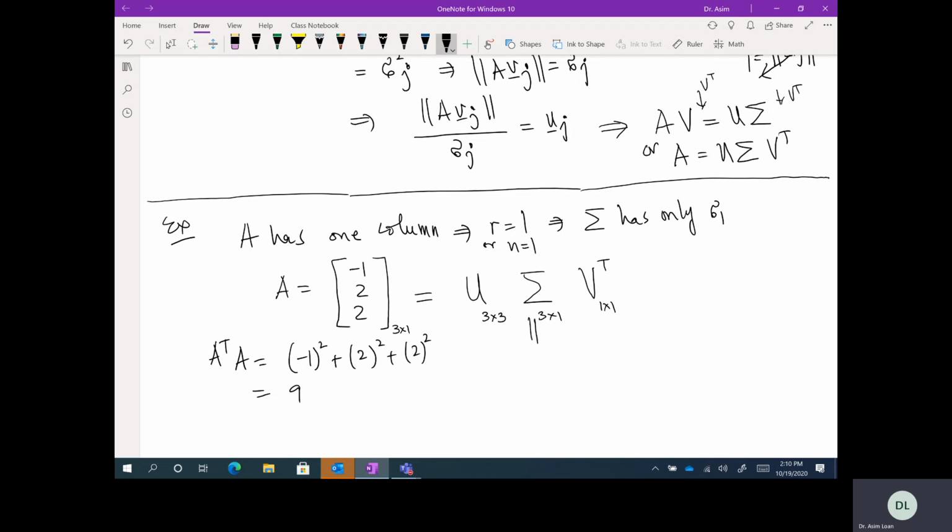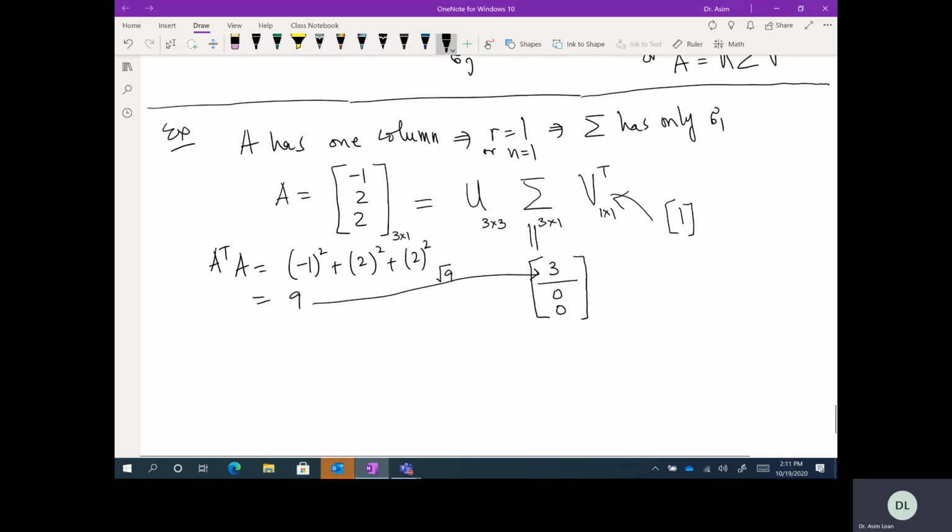What is this sigma? This sigma is simply the square root of 9, which is the singular value, and then I have 0 and 0. And what is V? V is 1 by 1, and it has to be normalized to 1, so obviously V is 1.